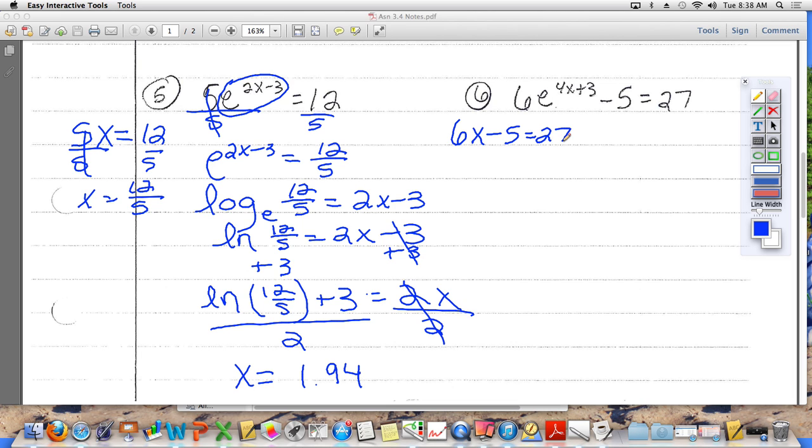What would you do first to solve this algebraic equation? Add 5, and then you would divide by 6. So we have 6x is equal to 27 plus 5, which is 32, and then you would divide by 6. So x would be equal to 32 divided by 6, which is 16 thirds.